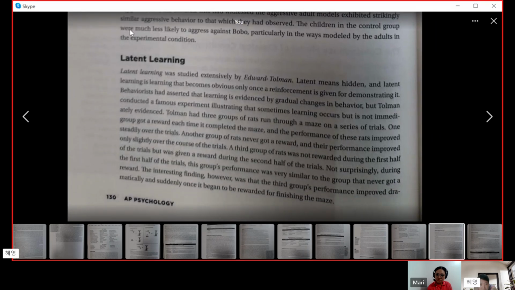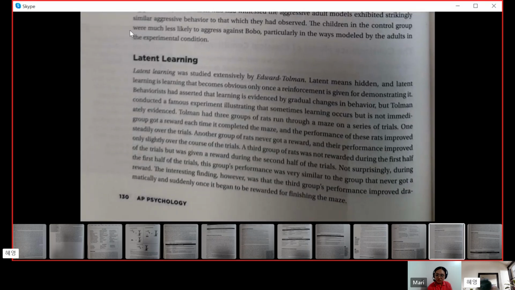Now let's look at latent learning. Latent learning was studied extensively by Edward Tolman. Latent means hidden, and latent learning is learning that becomes obvious only once a reinforcement is given for demonstrating it.